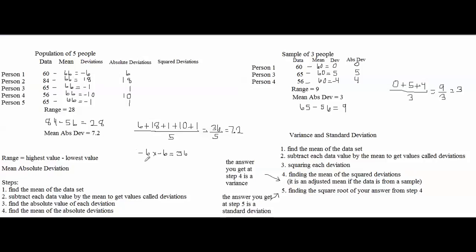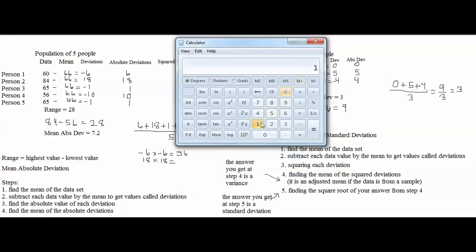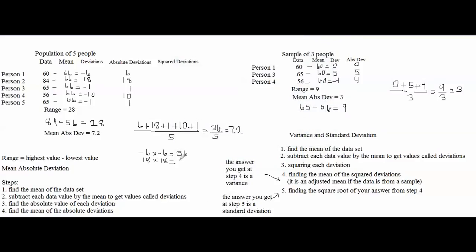Let's now do it with 18. 18 squared is 18 times 18. So just multiplying each deviation by itself. We get 324. Next we'll just multiply negative 1 by itself, which will be negative 1 times negative 1.